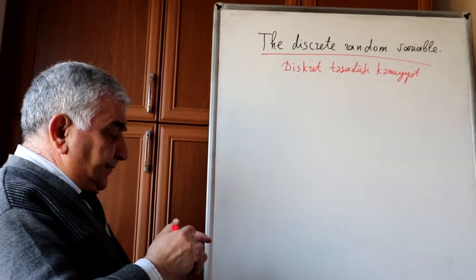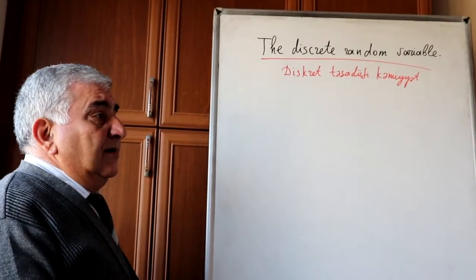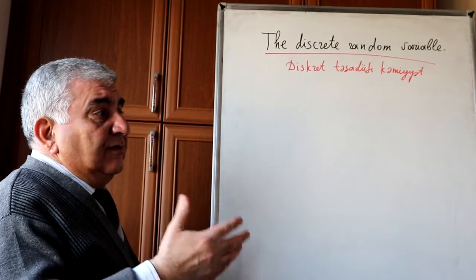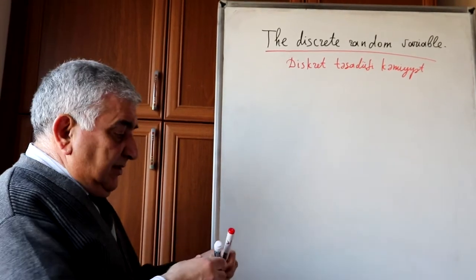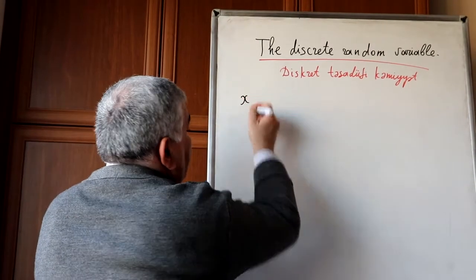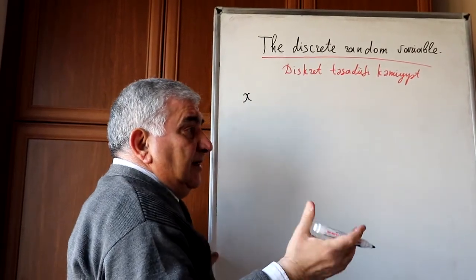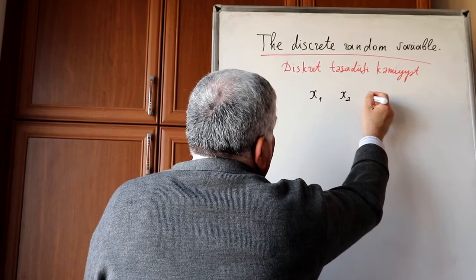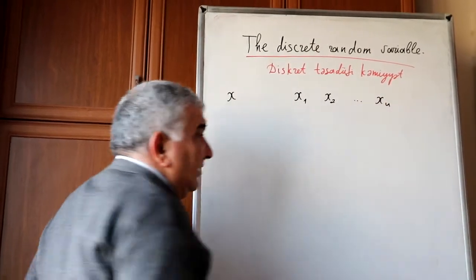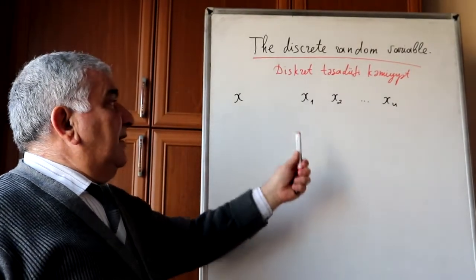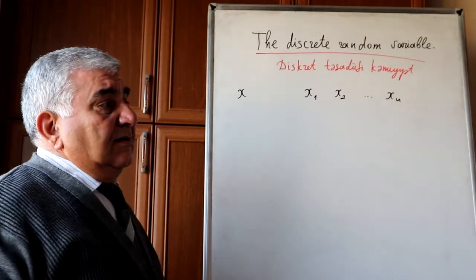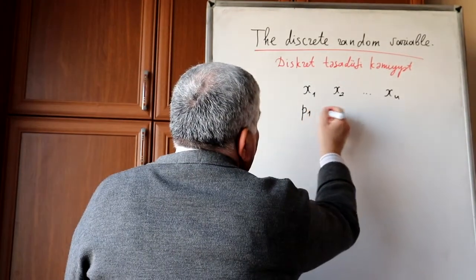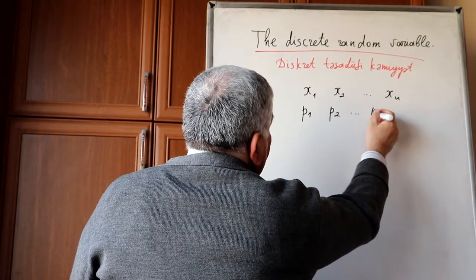It is such a variable which can take one of the values. Let us have the discrete random variable x, and this variable can take the following values: x1, x2, etc., x sub n. And suppose that the variable x takes these values correspondingly with the probabilities p1, p2, etc., p sub n.